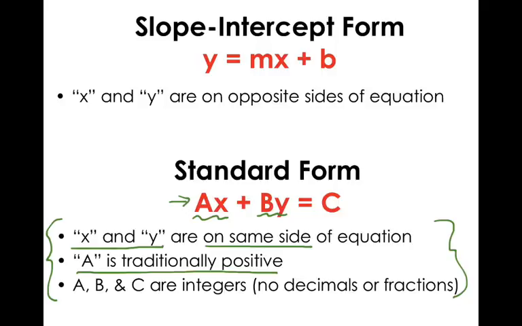If it's not positive, it's not wrong, but it's one of those mathematical standards that A should be positive. If you can make that positive, you should do it. And finally, A, B, and C are integers, no decimals or fractions. That is definitely something that needs to happen. You do not have something written in standard form with decimals or fractions involved. We're all integers, positive, negative, no decimals or fractions. So get all that copied down.